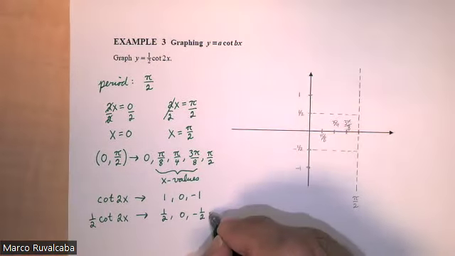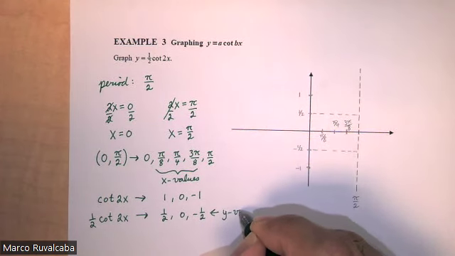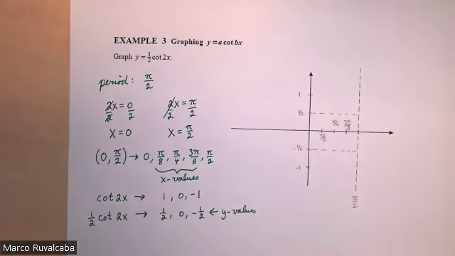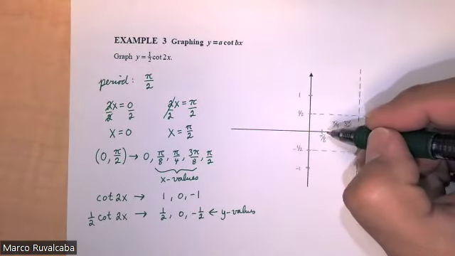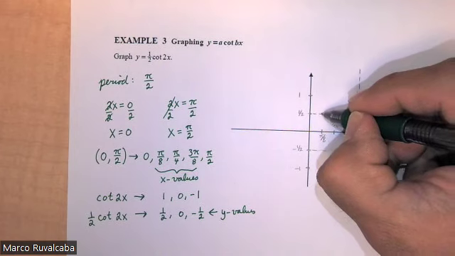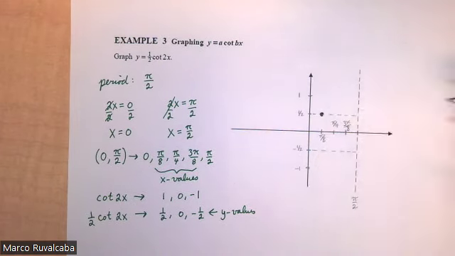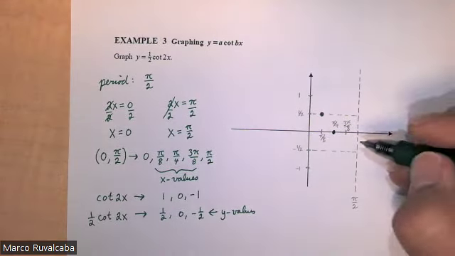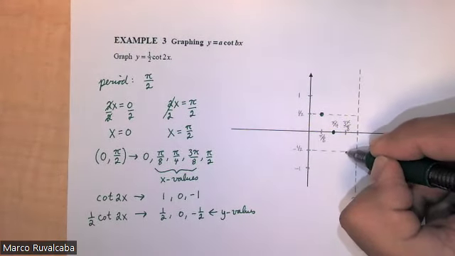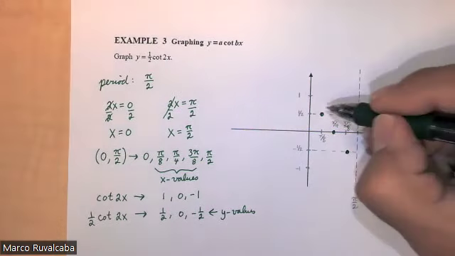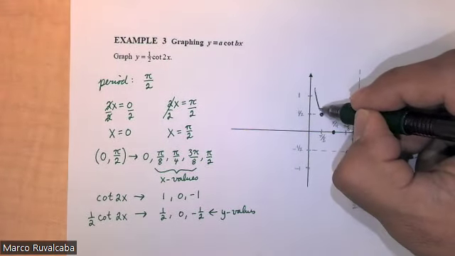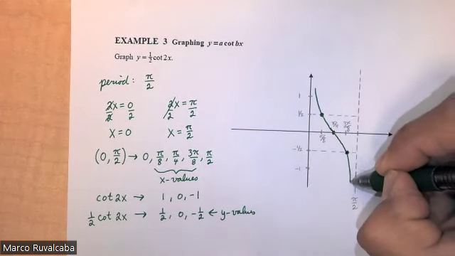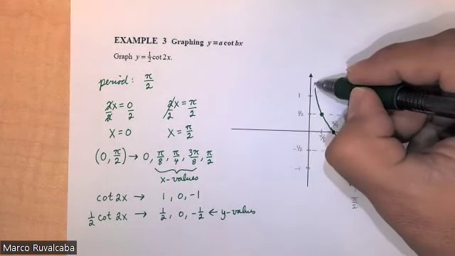And those are going to be my y values now that I'm going to plot. So if I plot those, pi over 8's 1/2 is right here. Pi over 4, 0. And then 3 pi over 8's -1/2. And if I connect that, we get our graph right here.